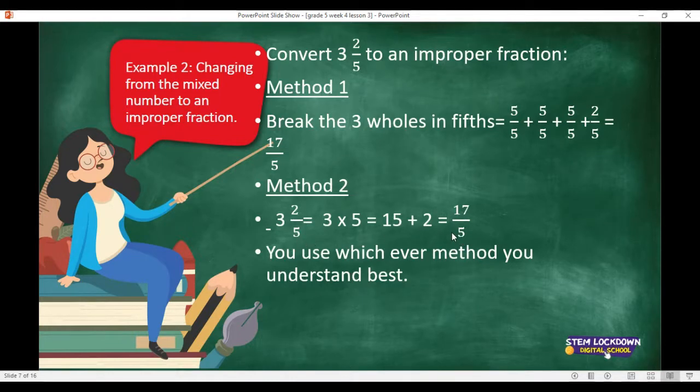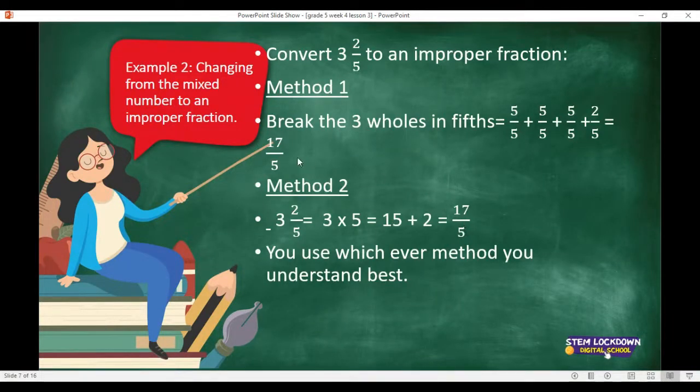So method 2 is a shortcut, but you just have to understand that this is 3 wholes and our denominator is 5. This is a shortcut, and this long cut makes you understand that our whole is made out of 5 over 5. I would advise you to use both the methods so that you are able to see that indeed your answer agrees, because on both methods, your answer should agree.